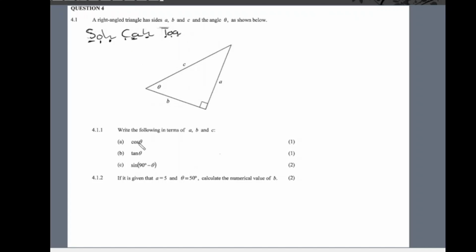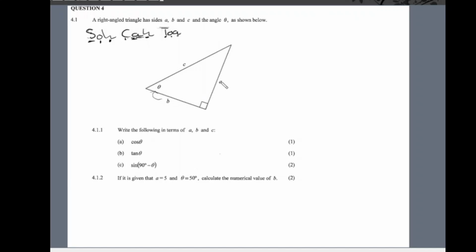So lapha ku question A, write down the following in terms of A, B and C. They want us to write down cos theta in terms of A, B and C, right? If you look at the uSOHCAHTOA lapha sithi cos is adjacent over hypotenuse. Hypotenuse ile side leli opposite ne right angle. The side leli adjacent ile side leli next to the angle, right?